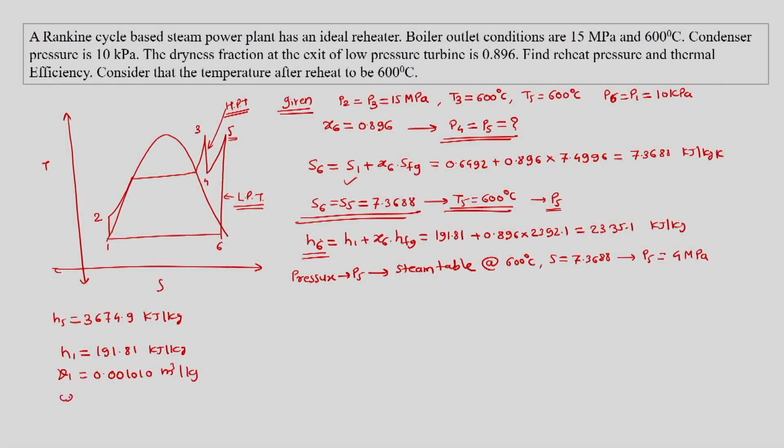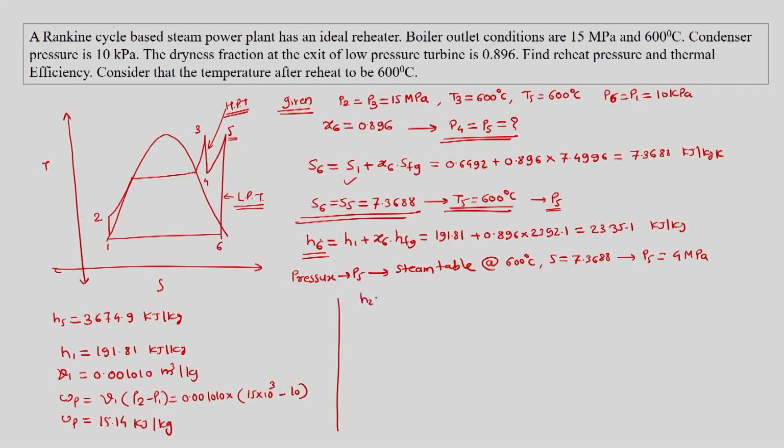So we can find out pump work as v1 into P2 minus P1. So 0.001010 into P2, which is 15 into 10 to the power 3, minus 10. So this gives in kilojoule per kg. So pump work in kilojoule per kg turns out to be 15.14 kilojoule per kg.